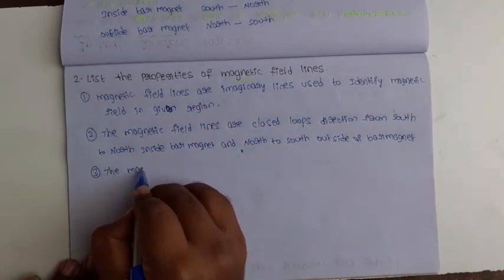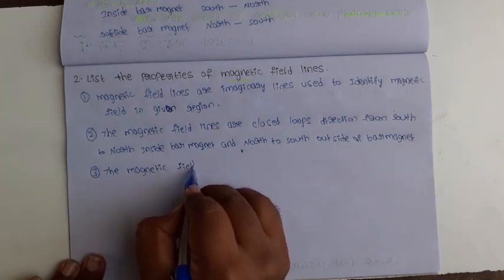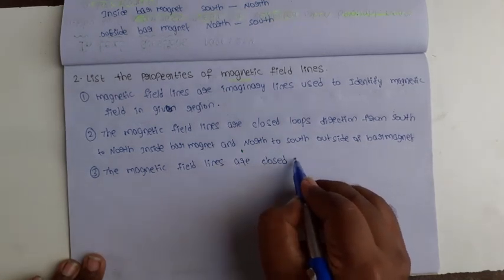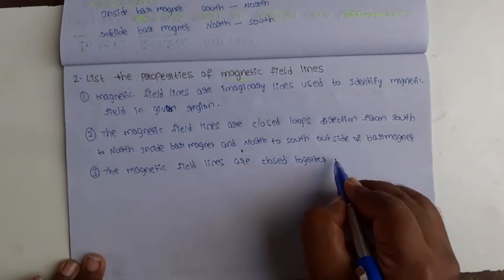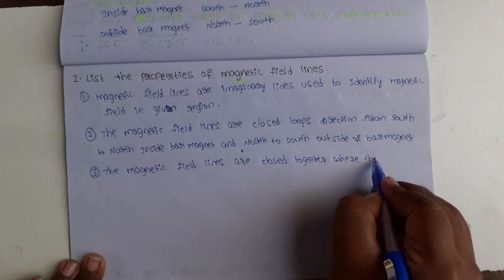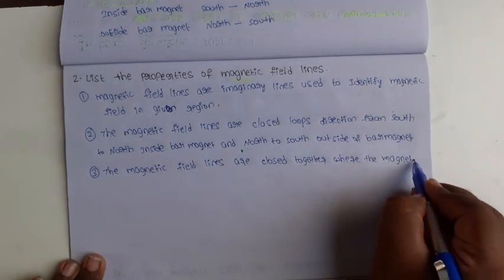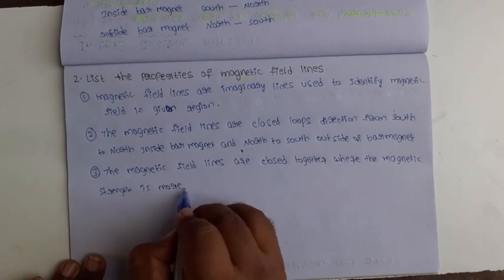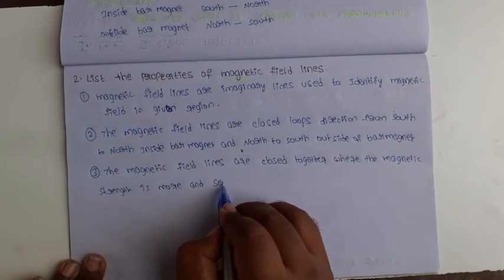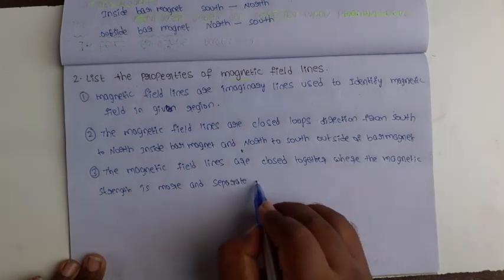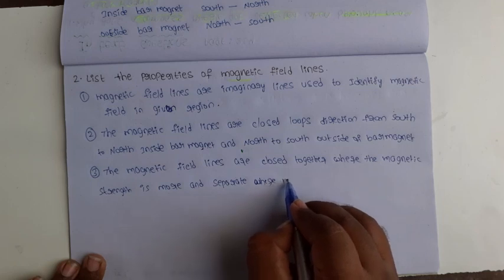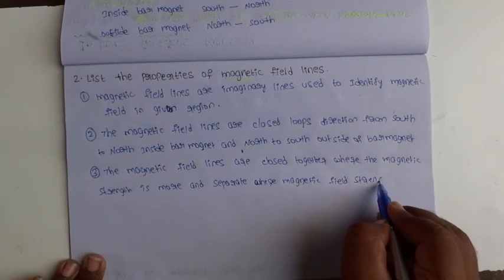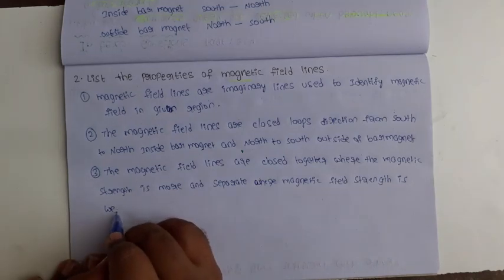The magnetic field lines are close together where the magnetic field strength is more, and separate where the magnetic field strength is weak.